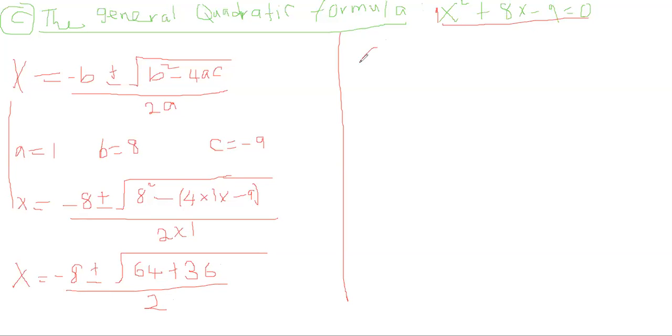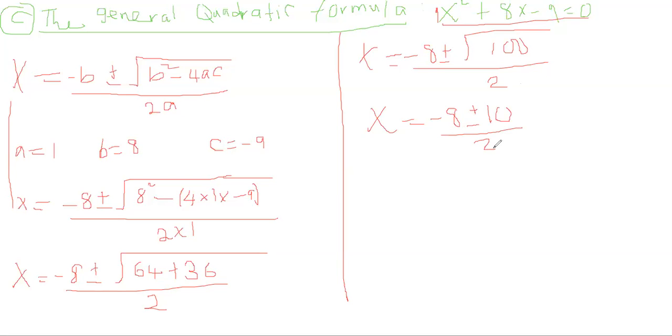So continuing here, x will give us what? Minus 8 plus or minus the square root of 64 plus 36, that will give us 100, all over 2. So x, as we are looking for it, is minus 8 plus or minus the square root of 100, which is 10, all over 2.